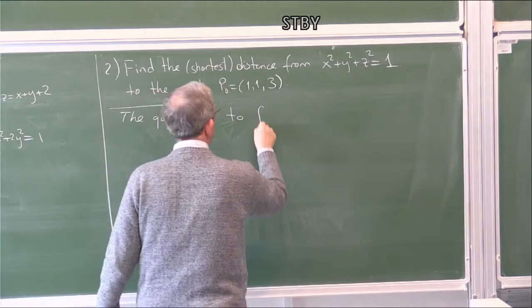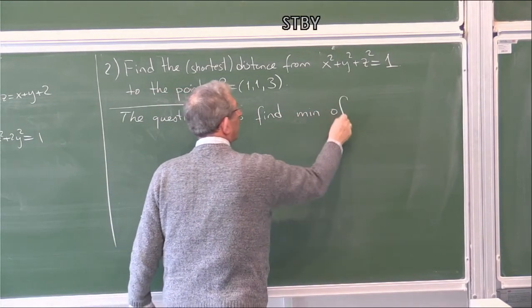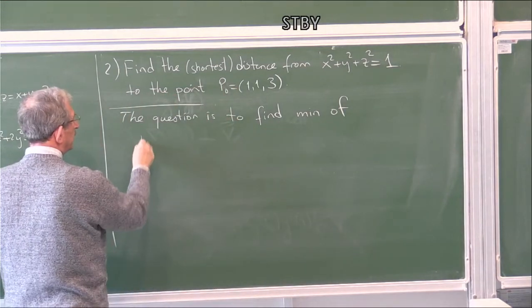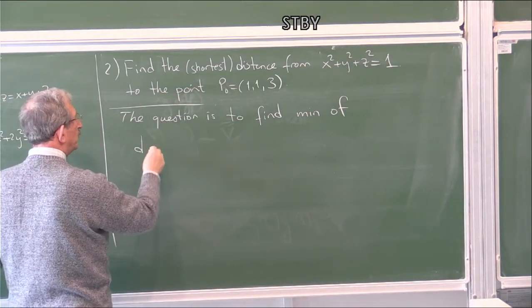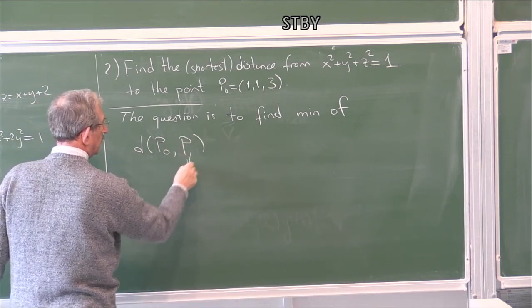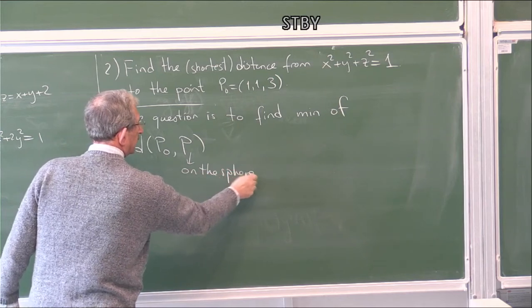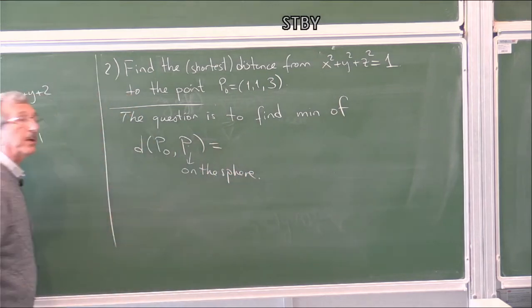Is to find the minimum of the distance between P0 and P on the sphere as a function of P.